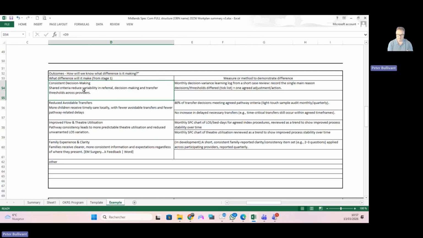So length of stay is something you can measure, you can do it live, you can actually therefore use SPC chart to not only say, have we reduced length of stay, but we've also reduced the variation in length of stay over time. And we understand there is consistency, which can affect and improve providers' management of resources. So that's kind of your gold standard, really.